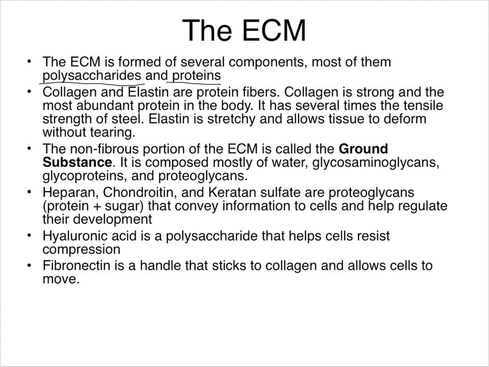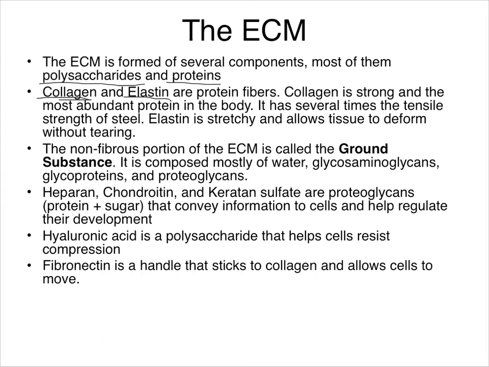Remember that a polysaccharide is a sugar, basically, a carbohydrate, and proteins, we all know what proteins are. Two of the most common proteins in the extracellular matrix are collagen and elastin.